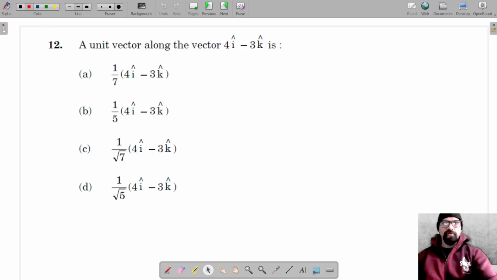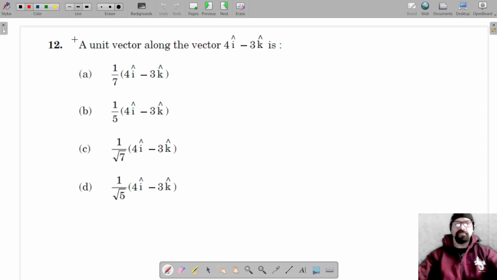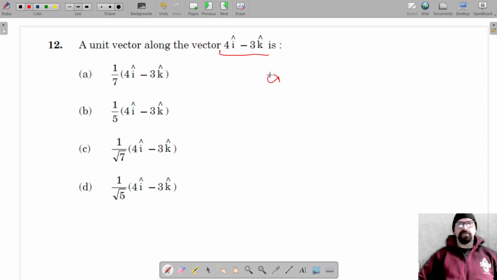Okay, for question number 12, we have to find the unit vector along the given vector. The vector is 4i cap minus 3j cap. Let's assume this vector as the vector a. So the vector a is 4i cap minus 3j cap, and the unit vector is given by a cap, and the formula is the vector a divided by its magnitude.